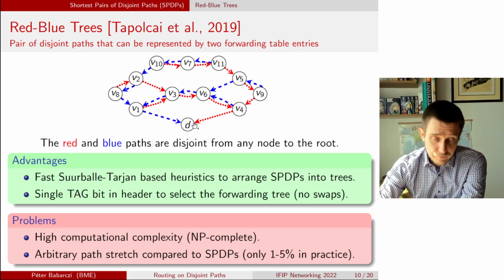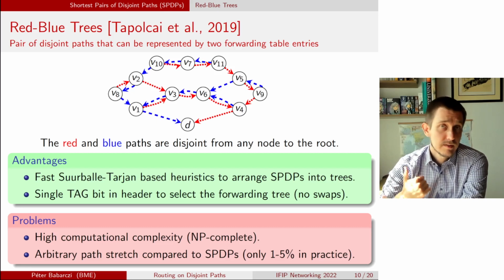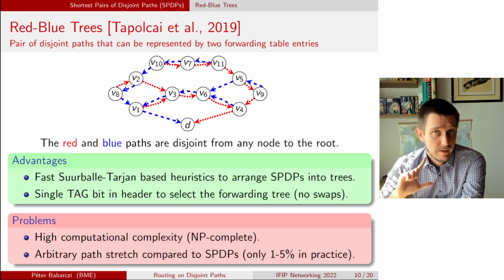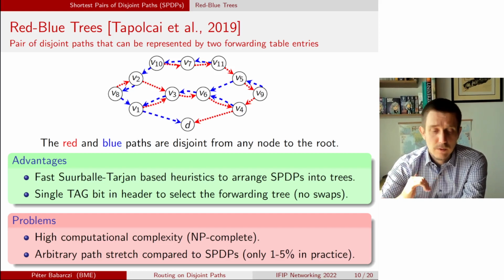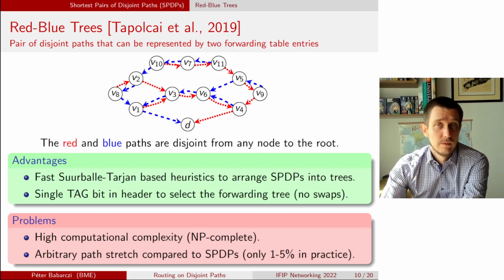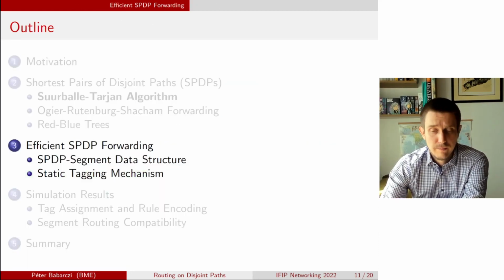So this is very simple, because we can have fast algorithms and only a single tag to determine whether we should use the red or the blue tree is required. But it is very complex. It's proved to be NP complete, and also the path stretch has no upper bound, which could be really bad in theory, but it's quite good in practice.